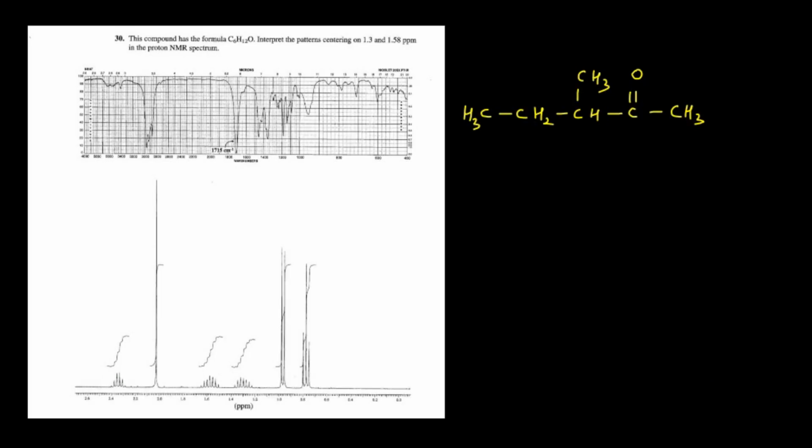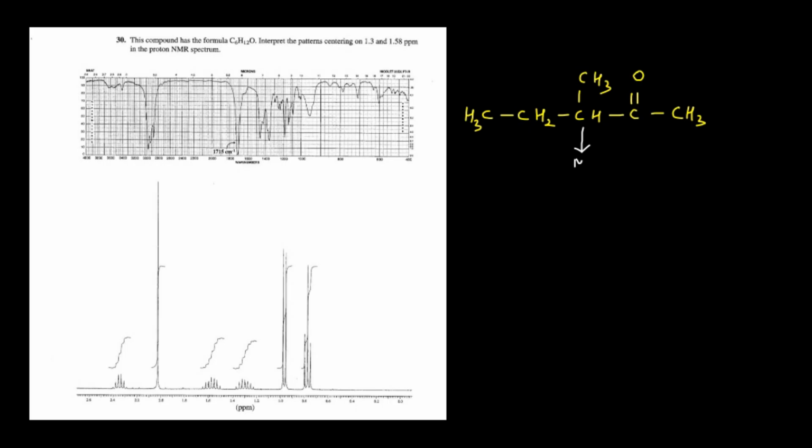First of all, we'll decide the chemical shift for the hydrogens present in the molecule. So I'm telling you, this would be the most downfield signal. Why? Because this hydrogen is connected with the carbonyl group, and the carbonyl group is an electron withdrawing group.